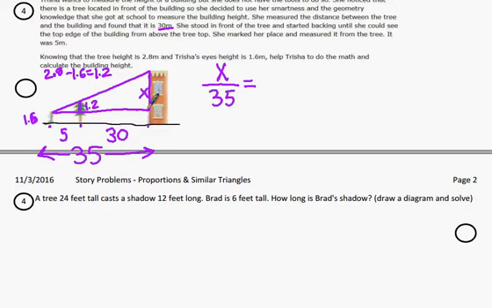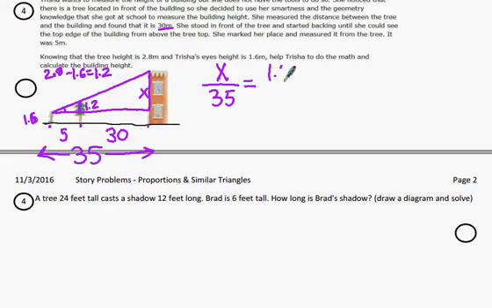Now I look for corresponding sides. If I put the same triangle here, I need the corresponding sides to be both in the numerator and then corresponding sides in the denominator. X is the shortest side. It's also across from this angle. So that is going to correspond to 1.2, which is the shortest side in my small triangle, or the side across from that same angle.